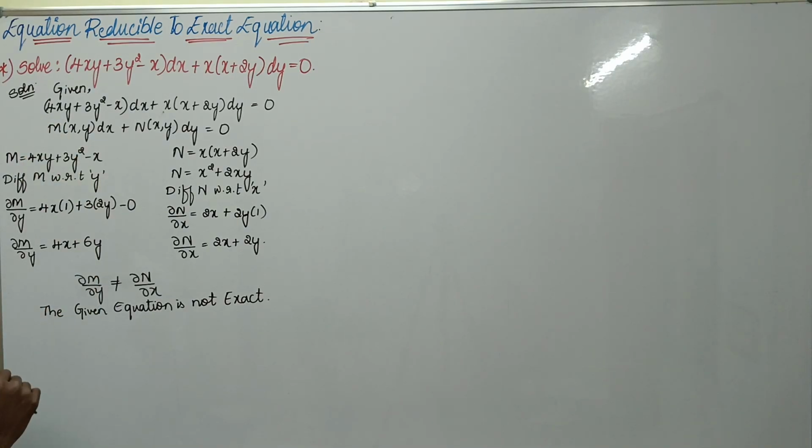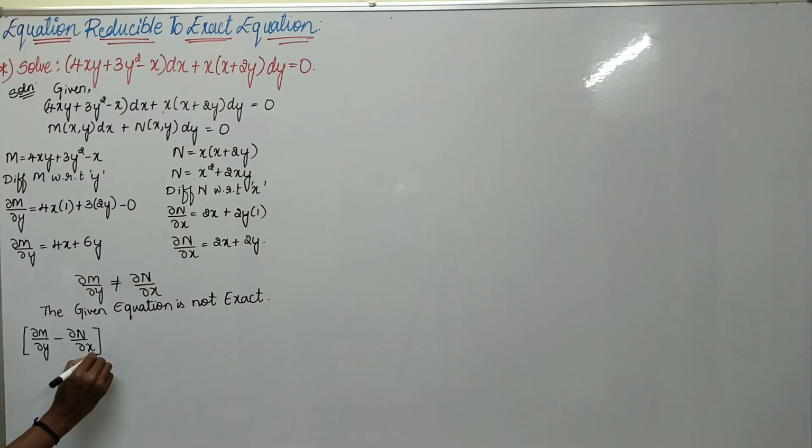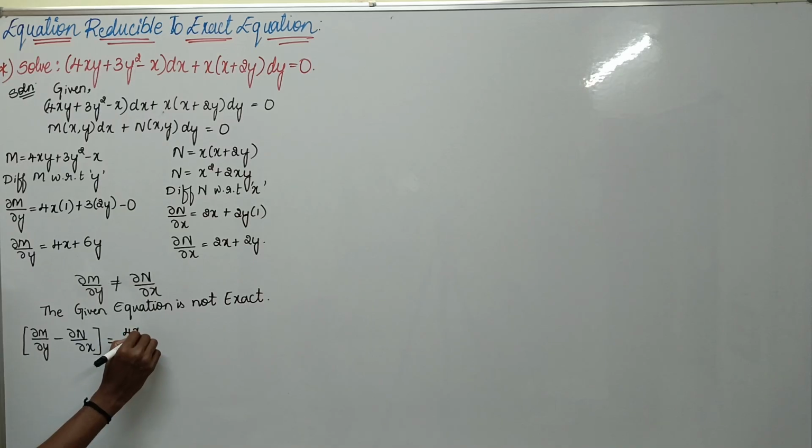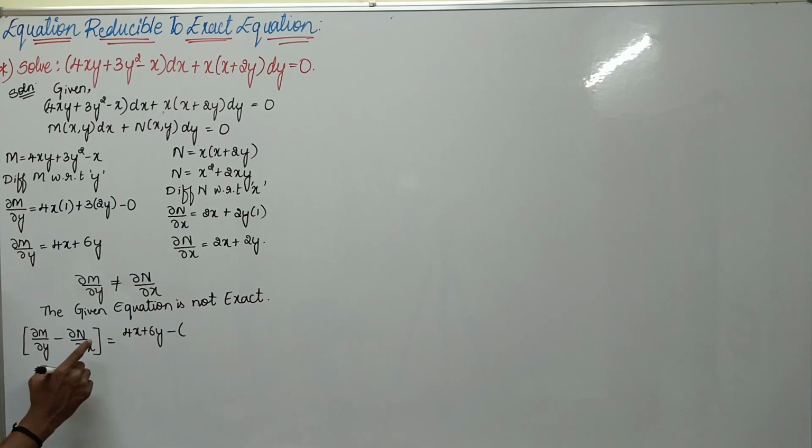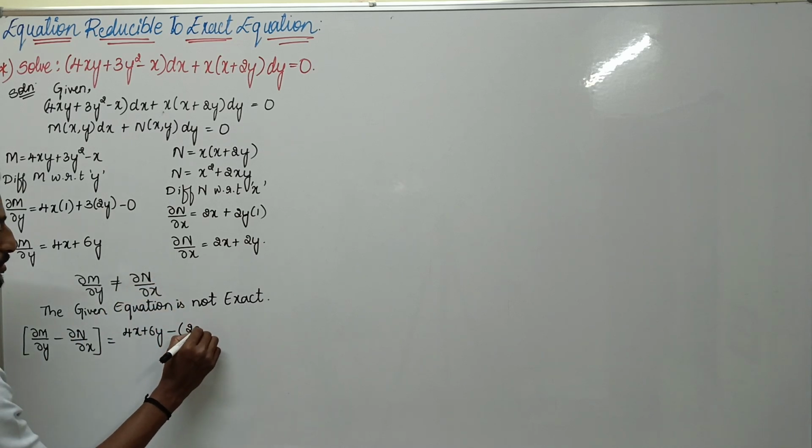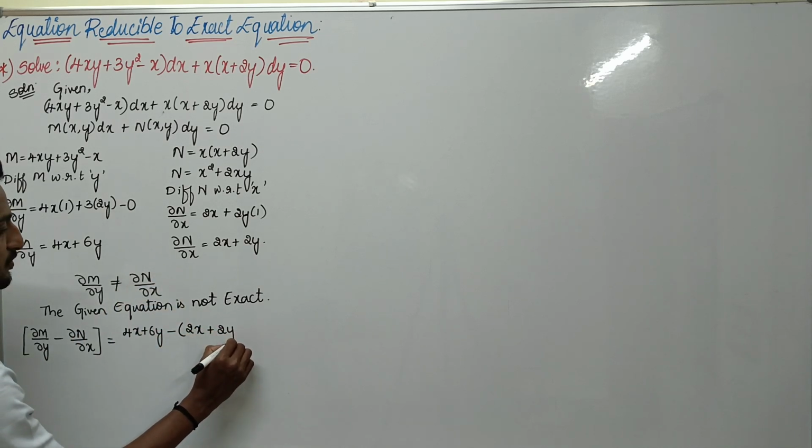Now let us see. After this, what we are going to do is subtract, ∂M/∂y minus ∂N/∂x. What is our ∂M/∂y? We have 4x + 6y, minus ∂N/∂x, that is 2x + 2y.